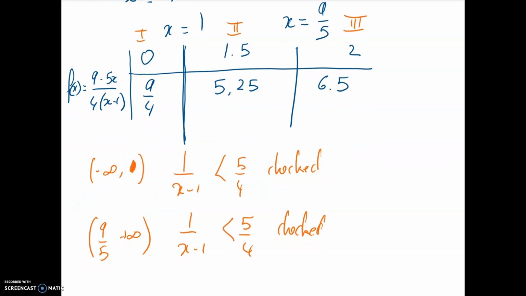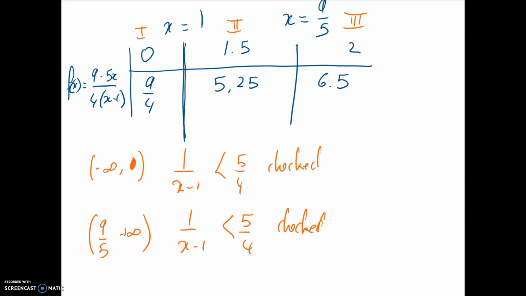When we are calculating these 3 intervals, we can substitute the value of x inside my inequality from the beginning. When I substitute x equals 0 inside my inequality, I can clearly say that the inequality has been checked.